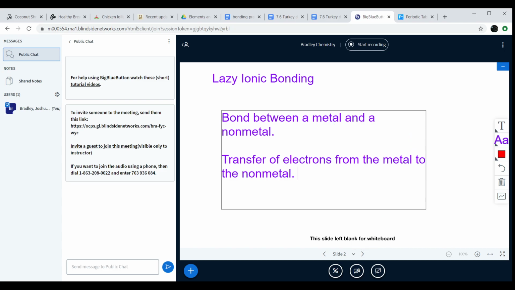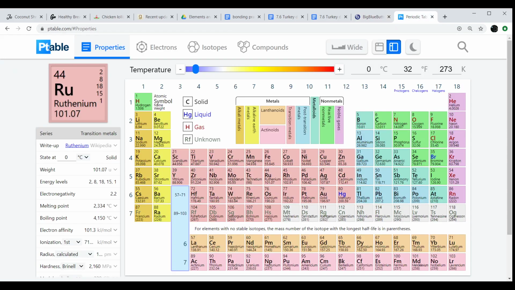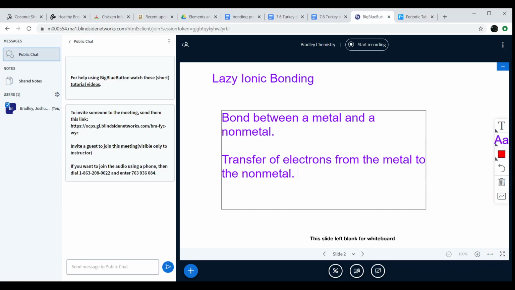So now some of you may be asking, all right, now we have our definition here, but what is a non-metal? And if you go to the periodic table, it actually has a way for us to easily see it here. Here, we can highlight metals, and all of the colored ones that we have right here are metals, which means that back in our definition these are going to be the things that lose electrons.